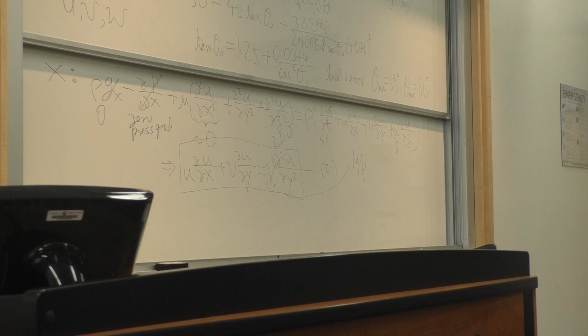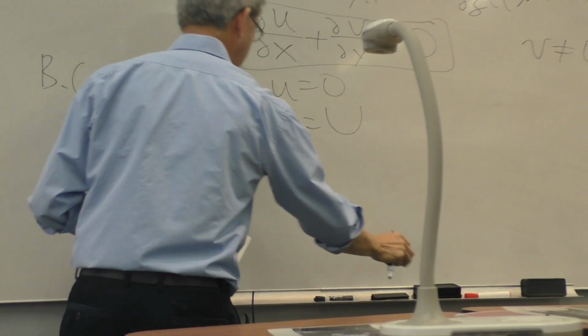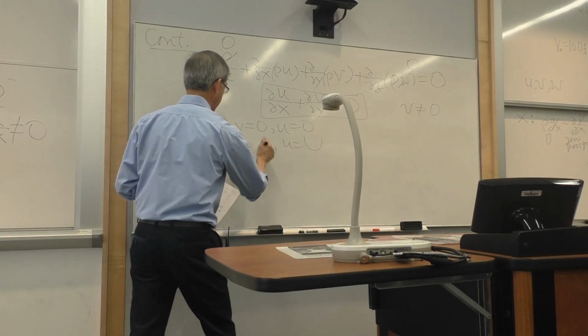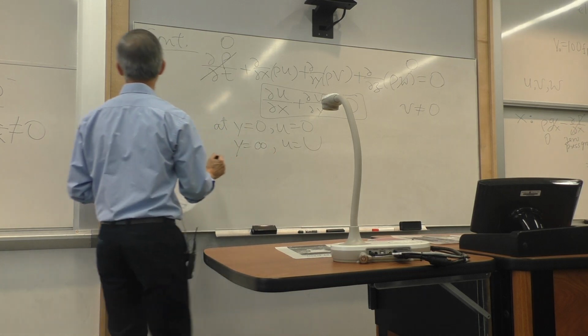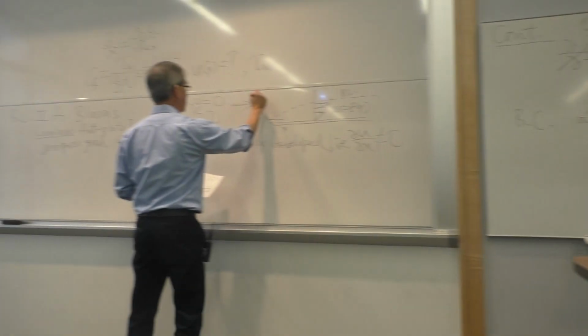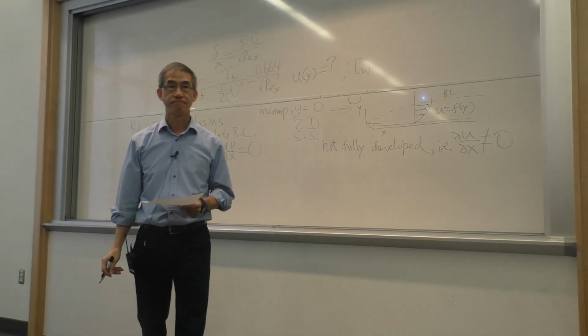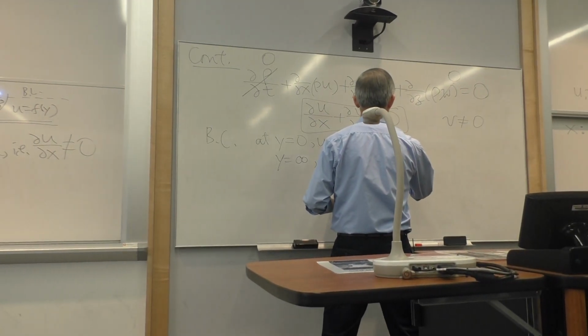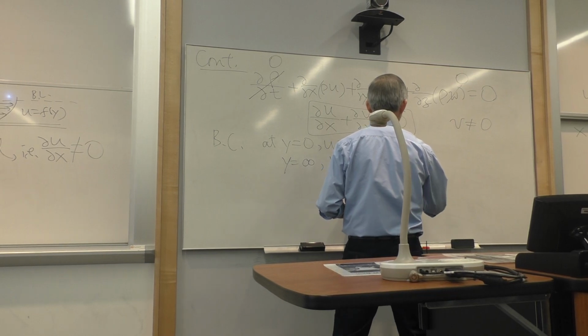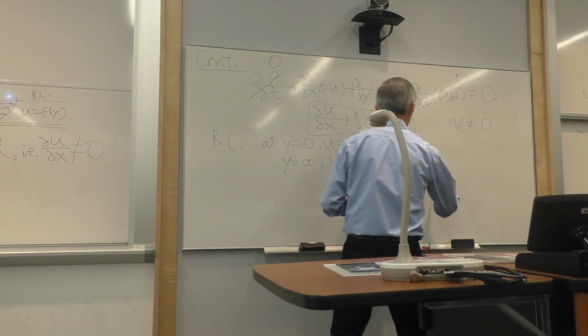When I'm able to solve this problem, those are at the wall, no slip, and at the edge of the boundary layer, at infinity, because the boundary layer has the velocity equal to the free stream. It turns out with pencil and paper at this stage, it requires something called the Euler function, which is a mathematical formulation.